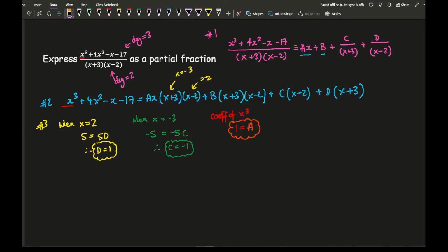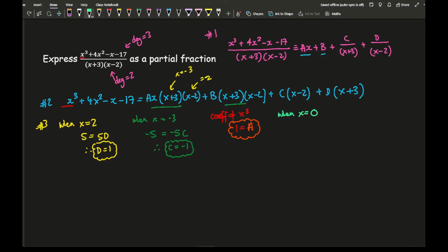In terms of x squared, I'm going to get an x squared when I expand these sets of brackets, and so that could be one thing, but again, it's a lot of faff. The easiest way around it is by simply substituting another random value of x. So when x equals, again, I would go for a small positive number or 0, as long as you've not used it in the previous one.